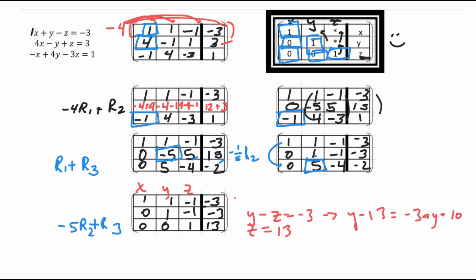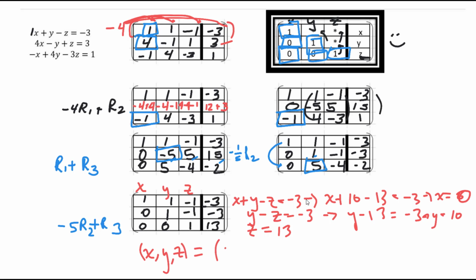And then finally, x plus y minus z equals negative 3. So x plus 10 minus 13 equals negative 3. Well, that's going to give me negative 3. I add it to both sides, and I'm going to get x equals 0. That's a 0, not a 6. So the solution set then for my 3 variables will be 0, 10, and 13.